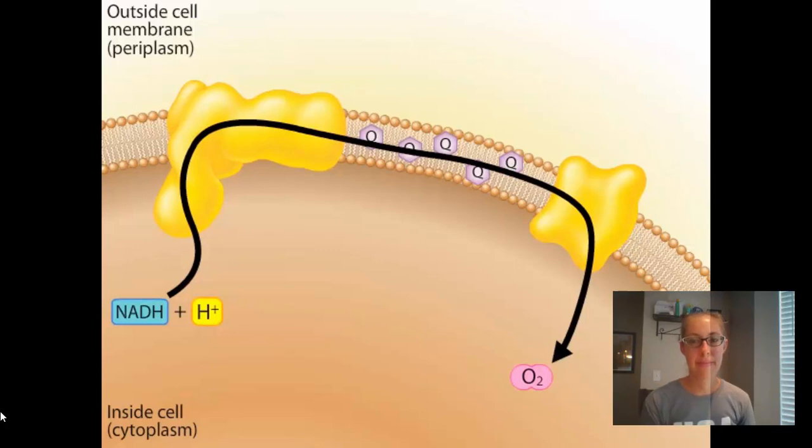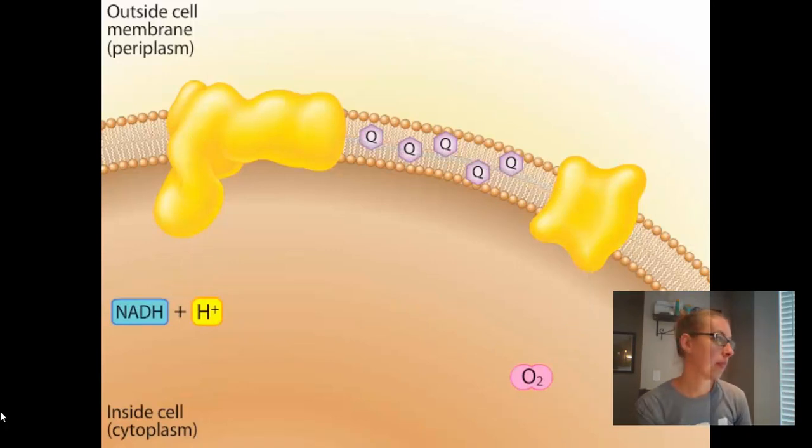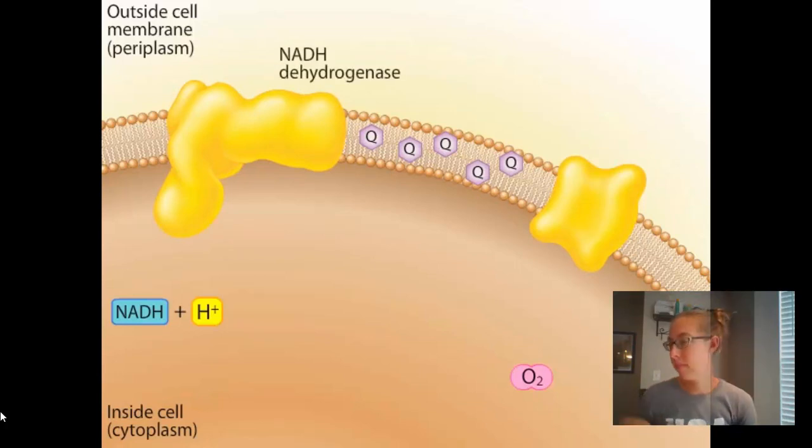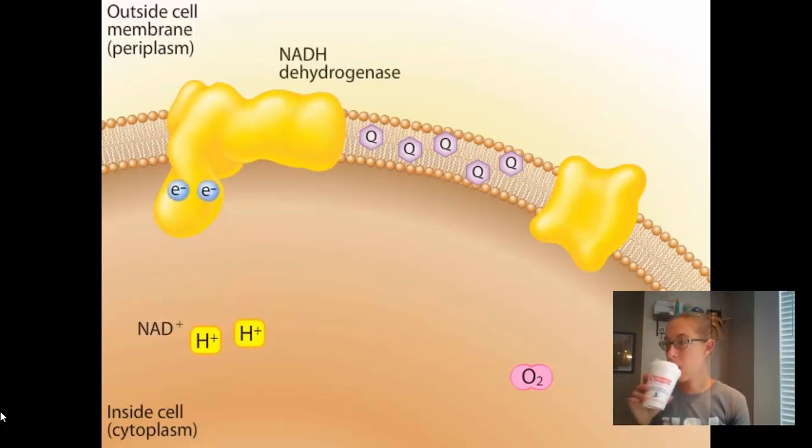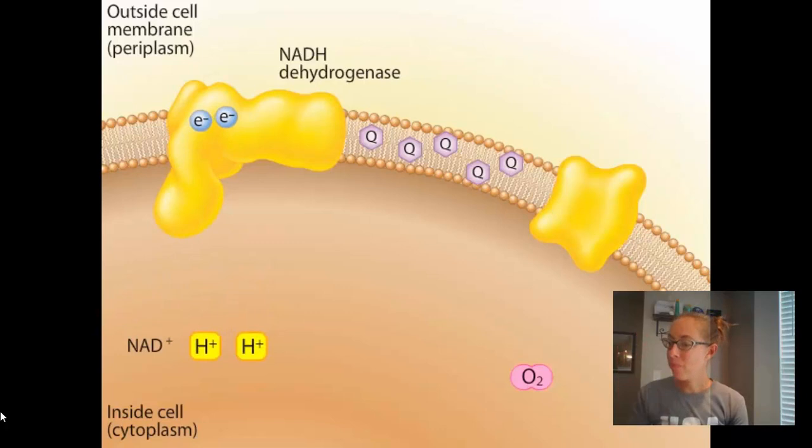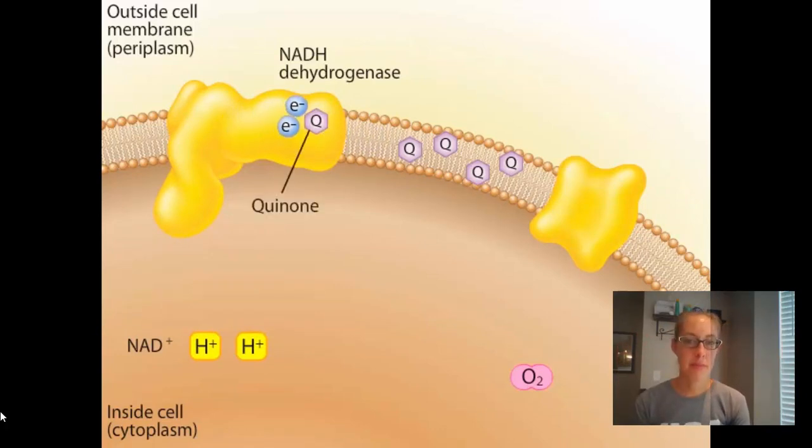Ultimately, all electrons are transferred to the strongest electron acceptor, which in this example of aerobic respiration is molecular oxygen. A typical bacterial electron transport system used in respiration includes at least 3 functional components, beginning with a complex called NADH dehydrogenase. NADH dehydrogenase then transfers the 2 electrons onto the second functional component, a quinone, indicated Q.